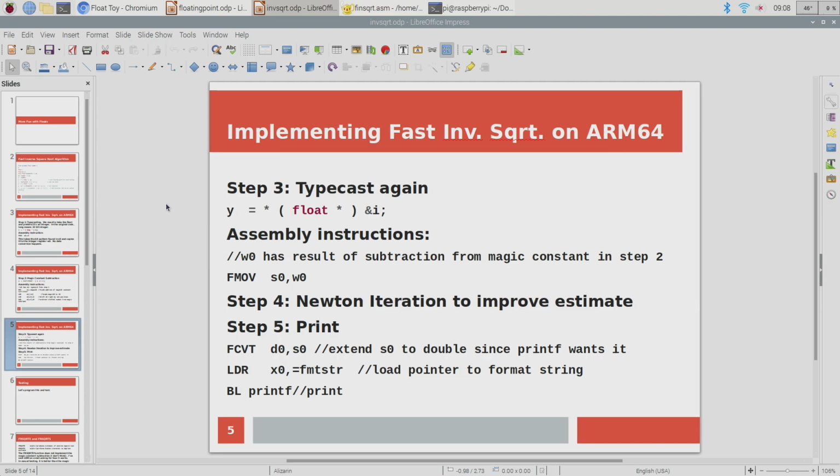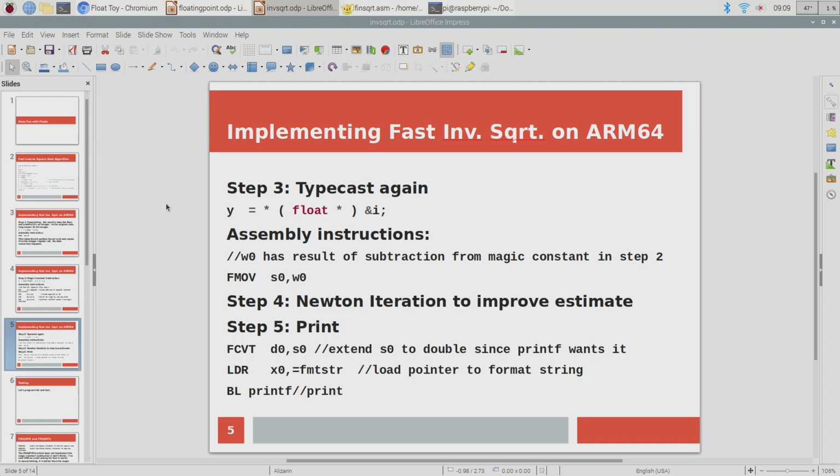Well, if it's an S0, a single precision float, can I just print a 32-bit float? No. What do I have to do instead? Make it 64-bit and then print it. So FCVT it from S0 to D0, basically make it a double, and then load in a format string of wherever that is, and then print it.